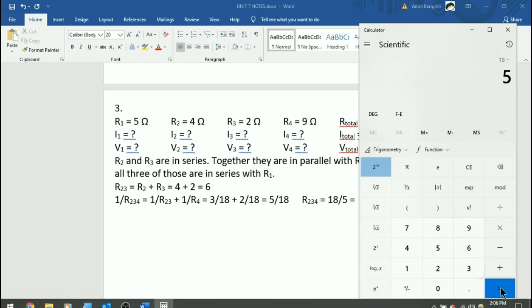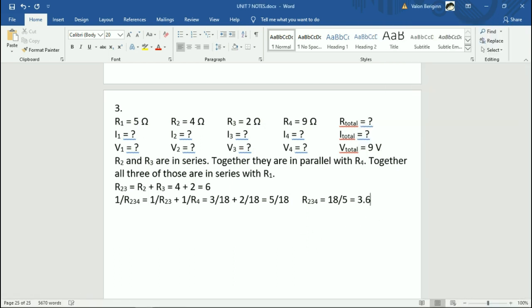Then all three are in series with R1, so R total is 5 plus 3.6. Our total resistance is 8.6 ohms. Therefore, we can then solve for total current.